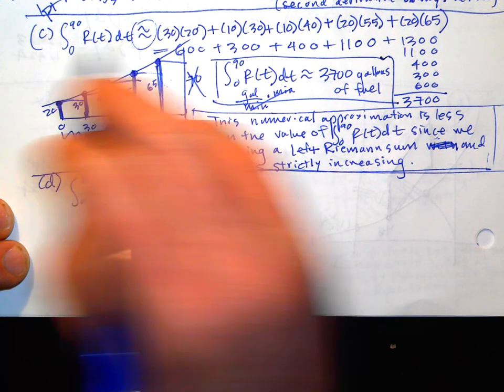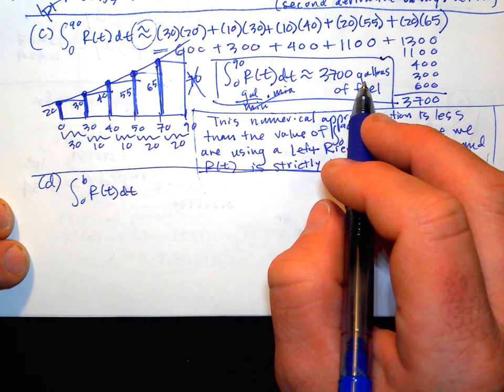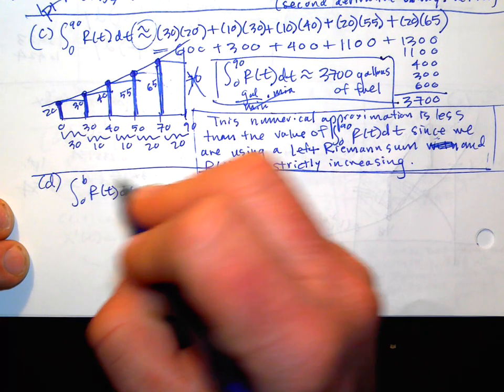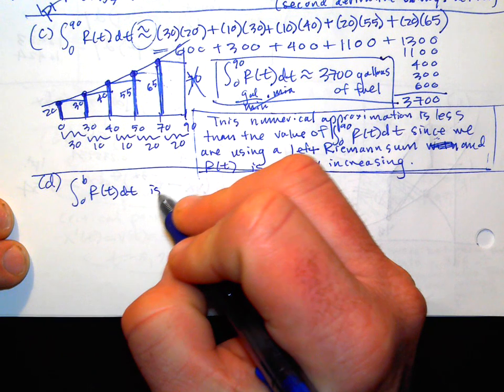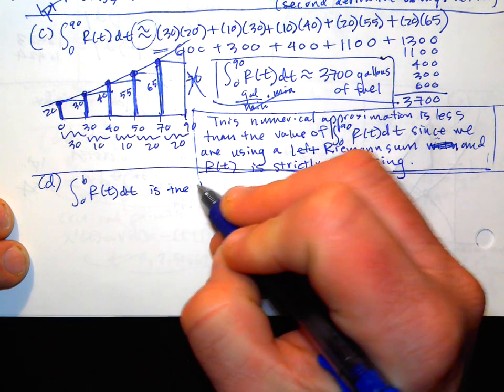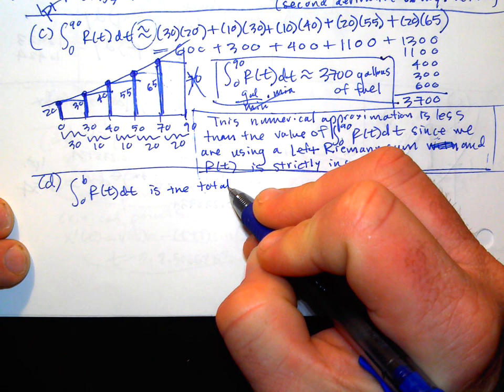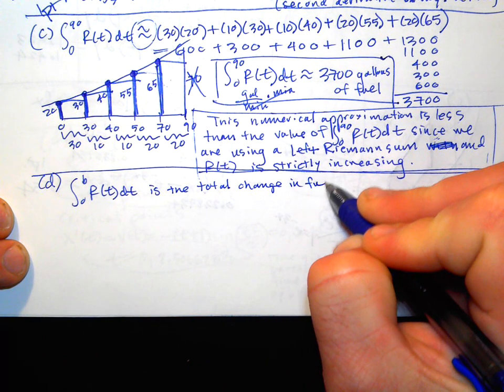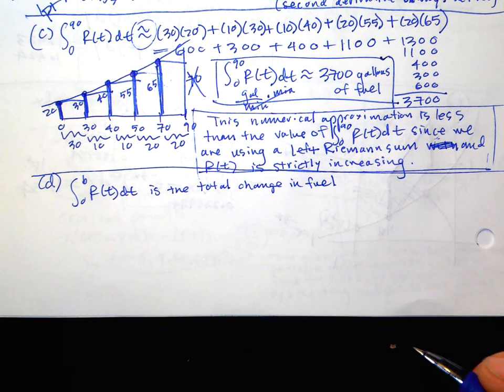And we just calculated it and it gives you gallons. So generally, if you're integrating a rate or derivative, the integral of it is the total change in fuel. And in this case, you might say it's the amount of fuel used.